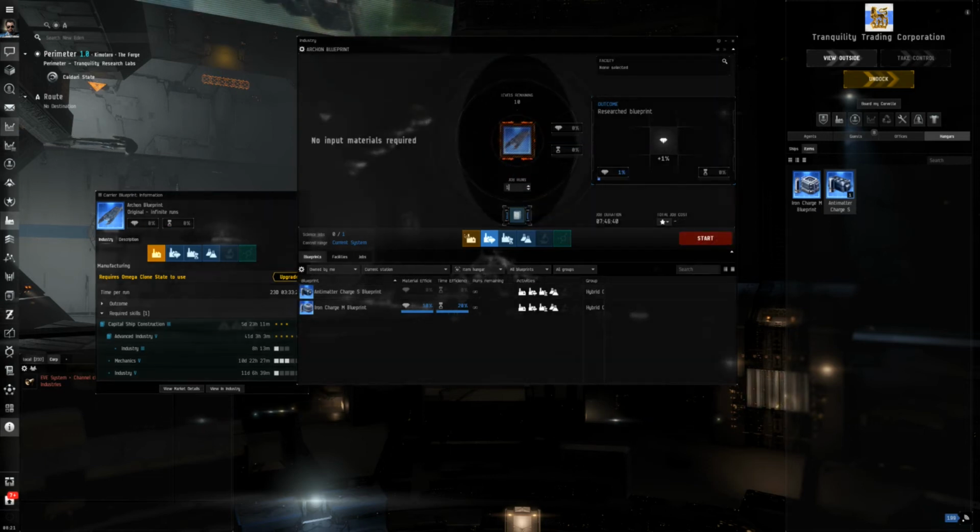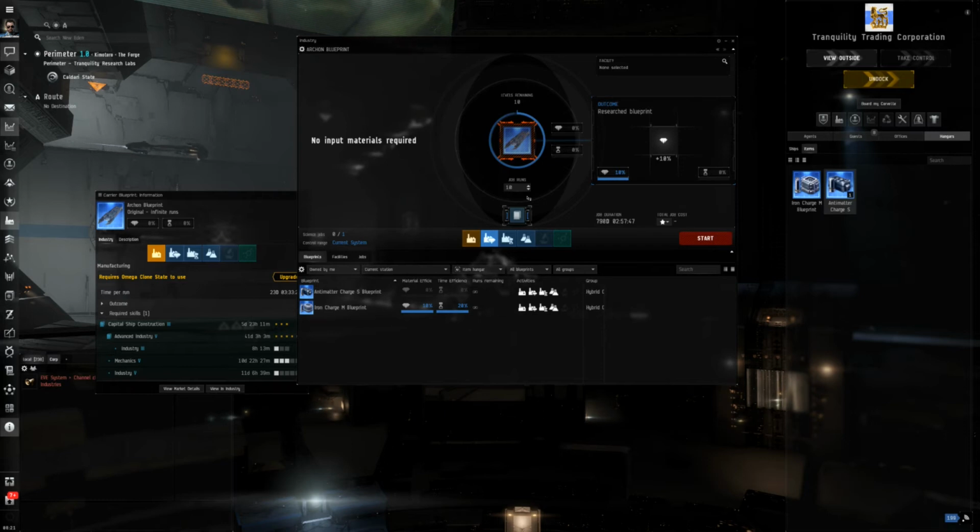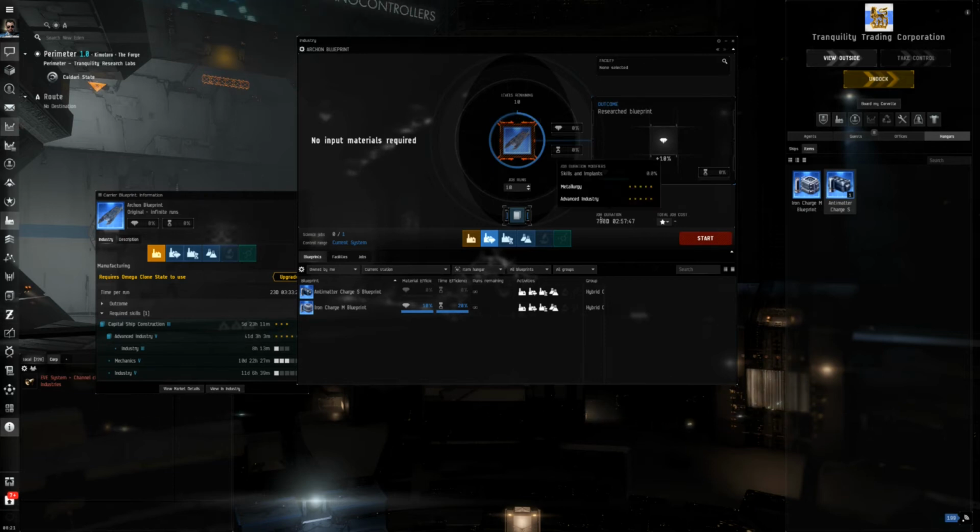to research this carrier to full, it would take me more than 2 years for this character in this station, and this is not even possible to do.